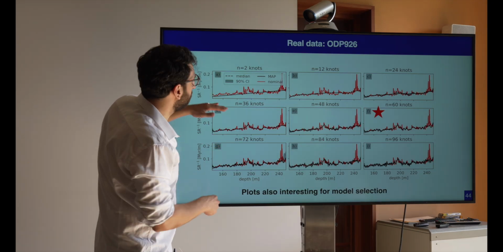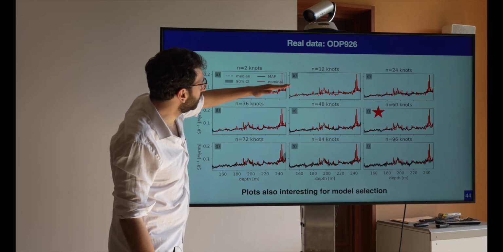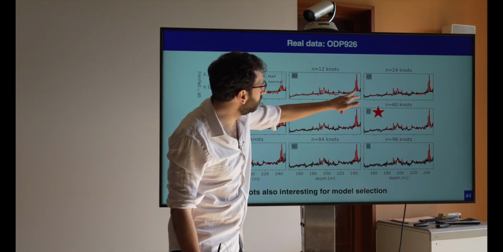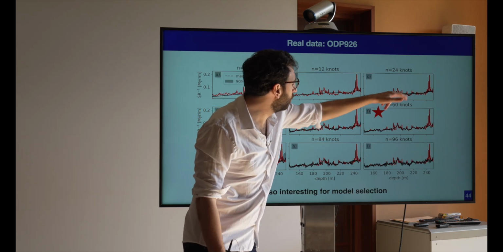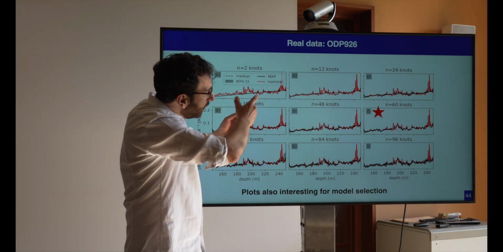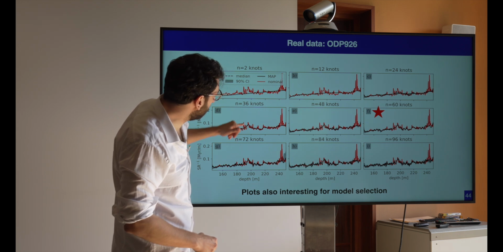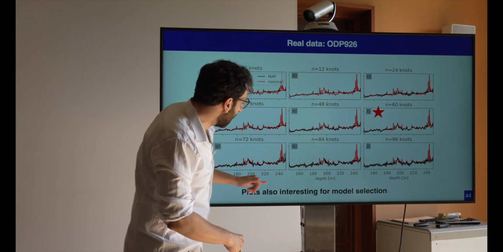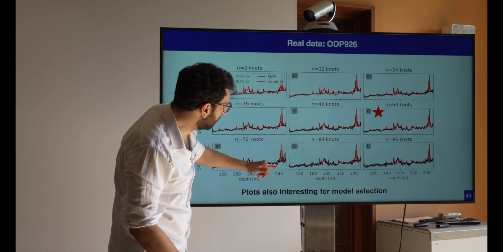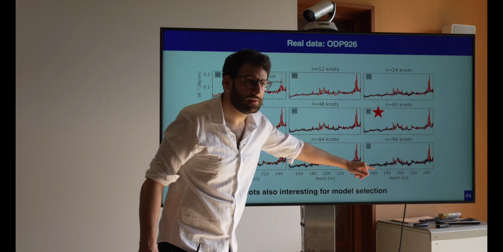So here it's very simple. You start seeing a trend, then other wiggles at a higher frequency. Then this particular feature appears. And at some point, it seems to stay the same, but just the error bars increase.